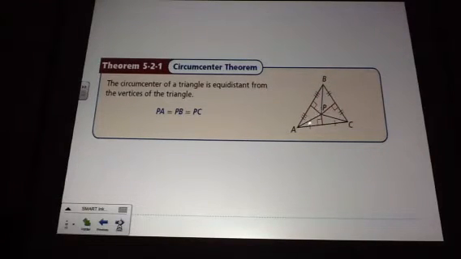Therefore, PA to the vertex is congruent to PB and to PC, because your three perpendicular bisectors here intersect right here at the circumcenter. Therefore, you know that these segments that go to the vertices are equal.